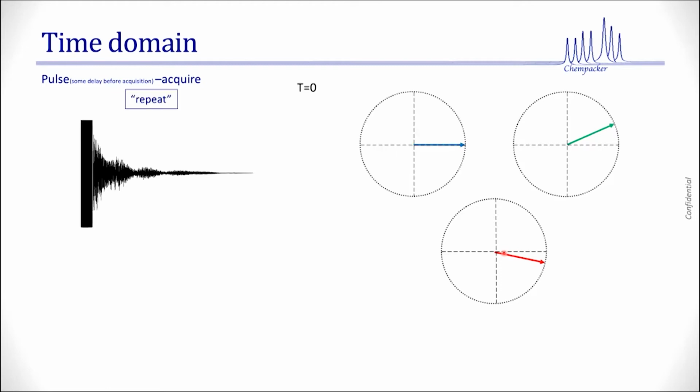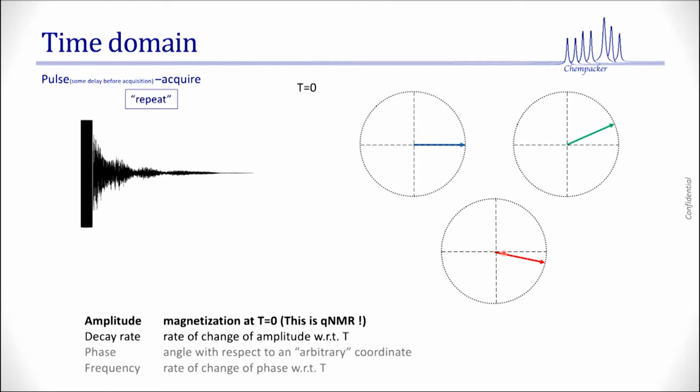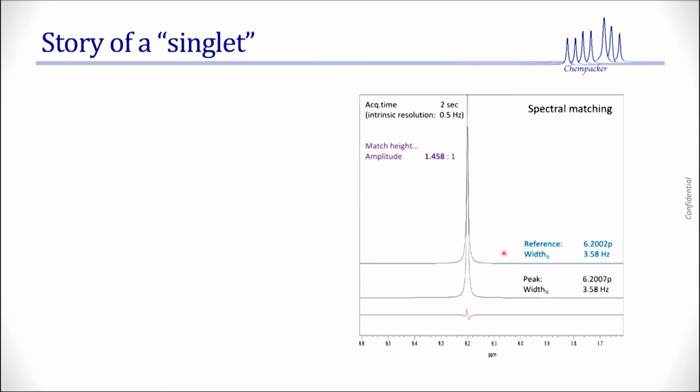So we now have 4 parameters: amplitude, which is the magnetization at time equals 0; decay rate, the rate of change of amplitude; phase, the angle with respect to that arbitrary coordinate at time equals 0; and frequency, the rate of change of that phase. Again, all 4 parameters are independent of each other. So that's the advantage. We don't have to worry about the influence of one over the other. Phase correction becomes obsolete. We'll talk about that in a minute.